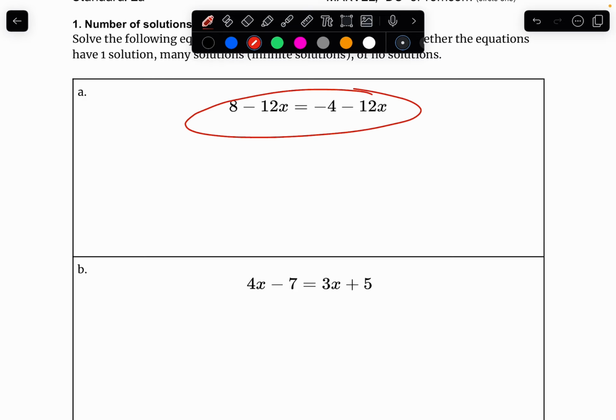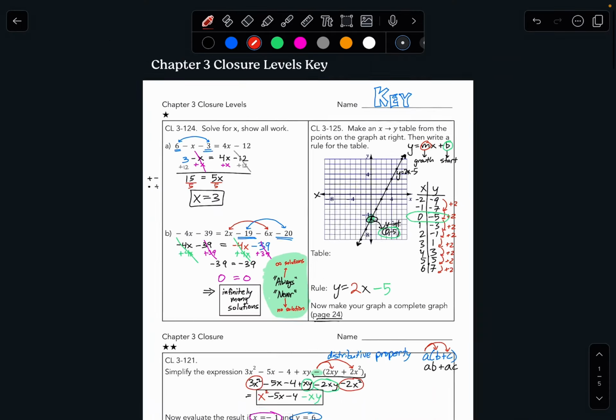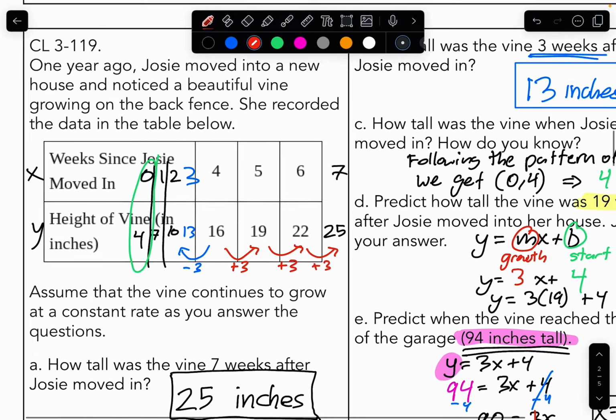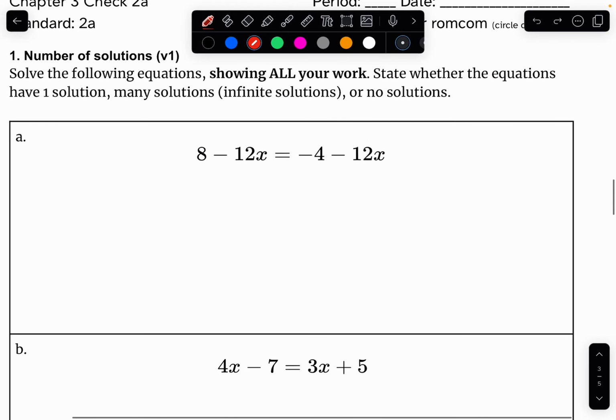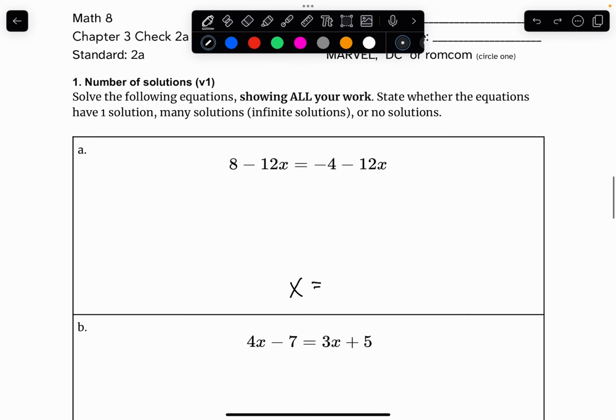This problem should look a little familiar. It looks a lot like these problems over here. They're very similar. So going back, how would I solve this? Again, the goal is to always get x equals something. Usually it's a number, but lately we've noticed that there might be infinite solutions, which is always, or there could be no solutions, which is the never situation.